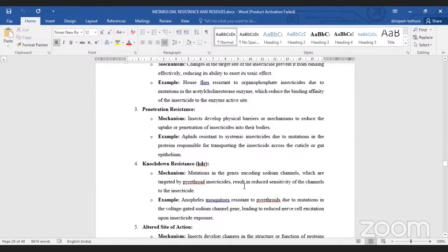And the third one is penetration resistance. Penetration resistance occurs when insects slow the absorption of chemicals into their bodies because their outer cuticle has developed barriers against the insecticides. Penetration usually is not a major factor in resistance, but is present along with other forms of resistance and intensifies the effects of those other mechanisms.